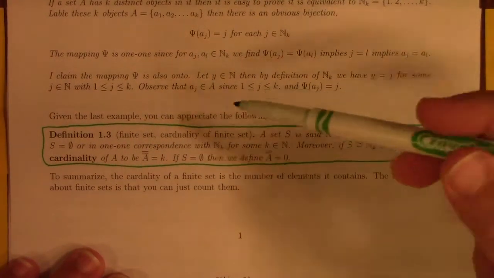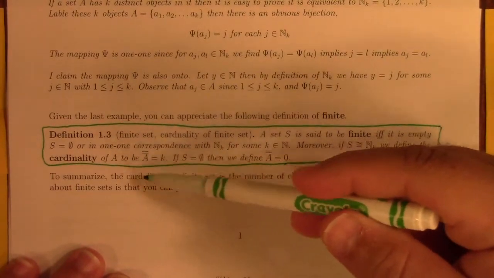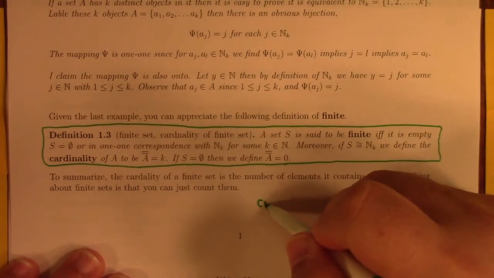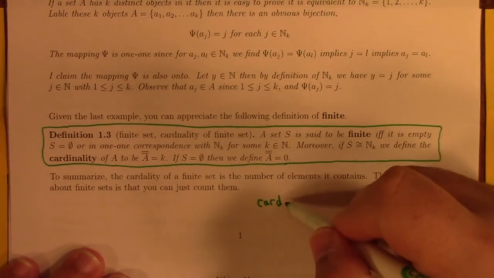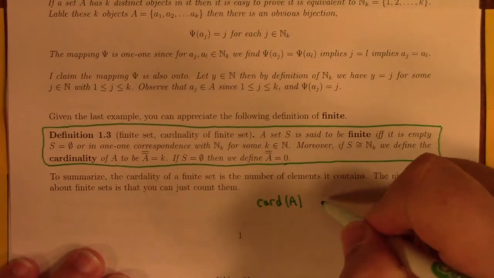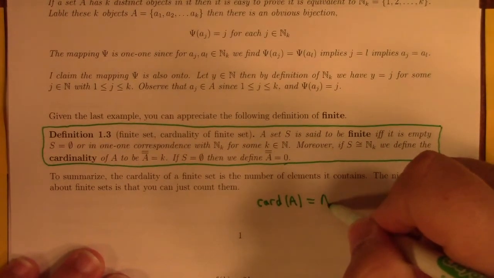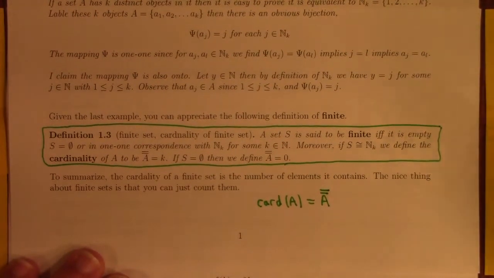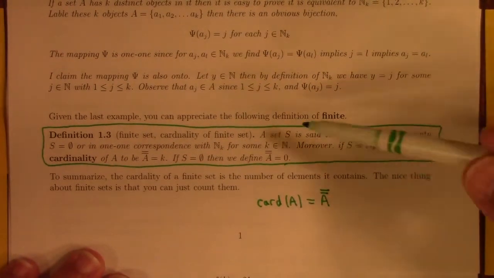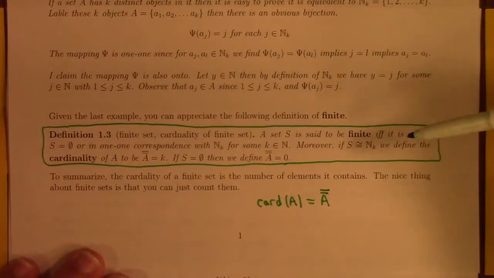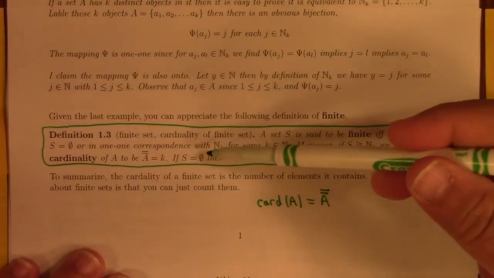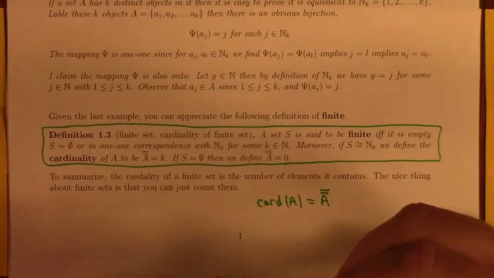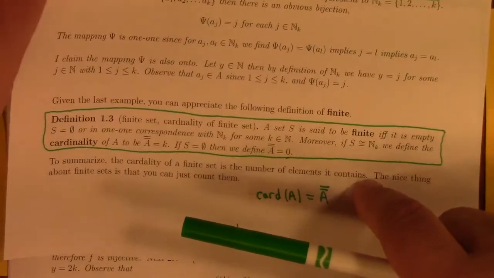That notation is not universal by any stretch of the imagination. I think my brother uses card of A in that paper I've posted in the additional reading. There are various notations, but that's the cardinality of A, and it's just defined to be k when A is in one-to-one correspondence with N sub k. And if the set is empty, then we define the cardinality to be 0.